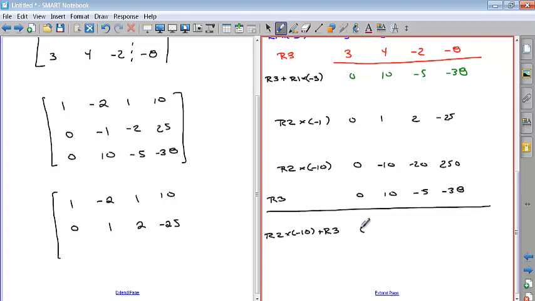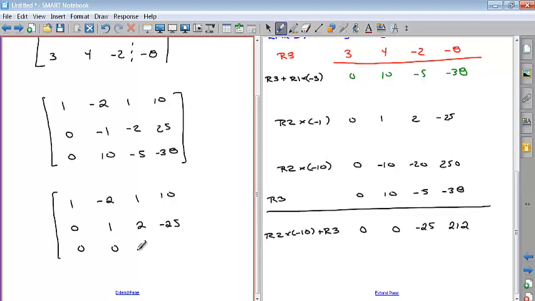When I add that, I get 0, I get 0, I get negative 25, and I get 212. So 250 minus 38 is 212. And I substitute that for my row 3. So I get 0, 0, negative 25, 212.